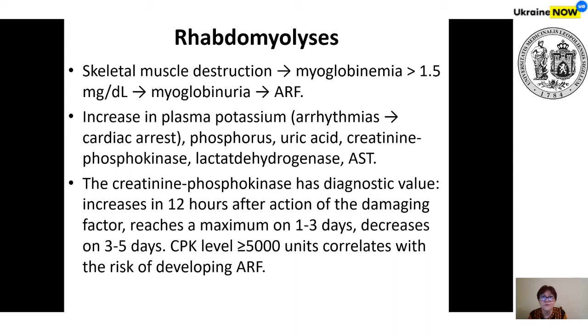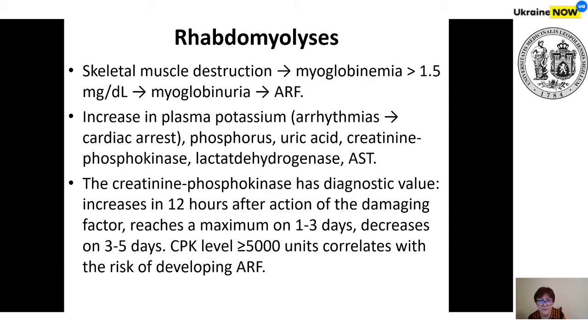The next dangerous cause of acute kidney injury is rhabdomyolysis. Skeletal muscle destruction can lead to release of myoglobin into the blood when its level reaches above 1.5 milligram per deciliter. This can lead to myoglobinuria and acute renal failure. Increased plasma potassium in such cases can lead to arrhythmias, even cardiac arrest.